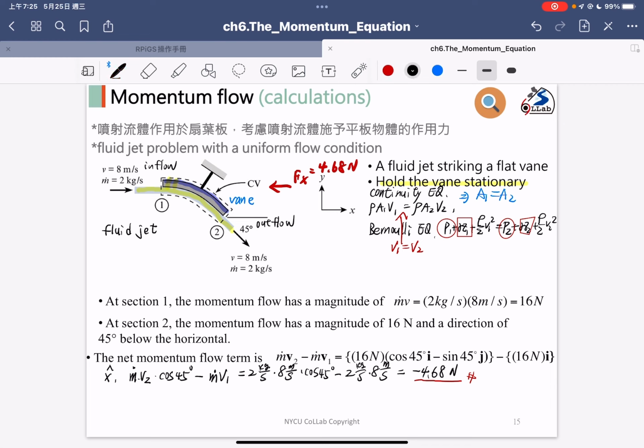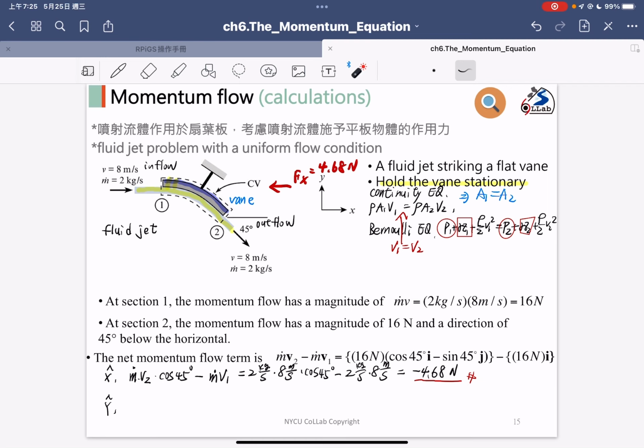Next we focus on the y direction for this question. For the y direction, we only have the outflow contribution, because the inflow is only along the x direction.